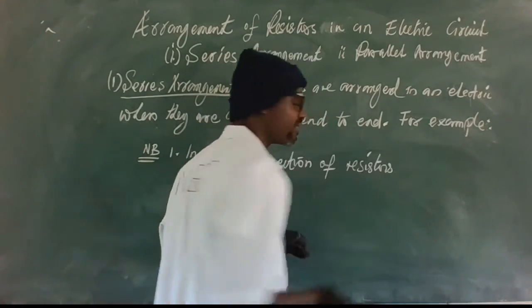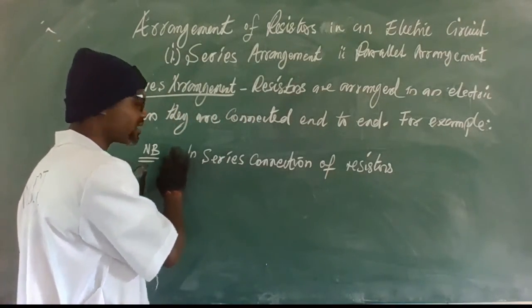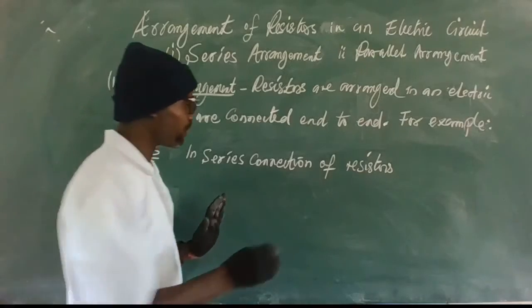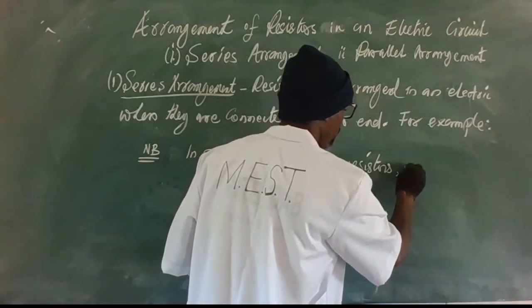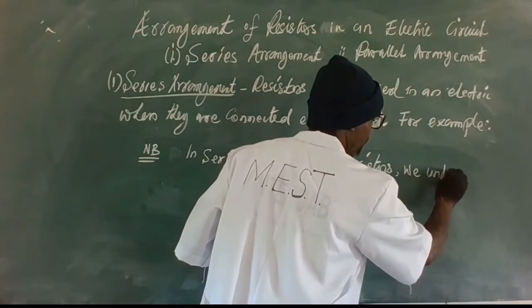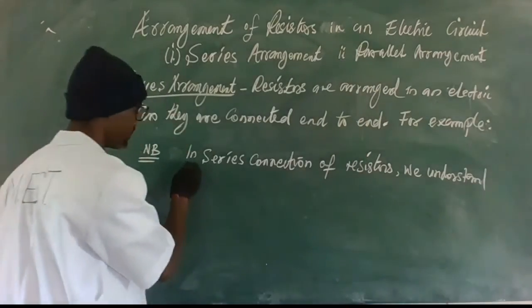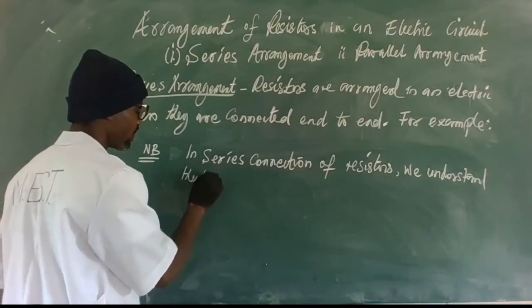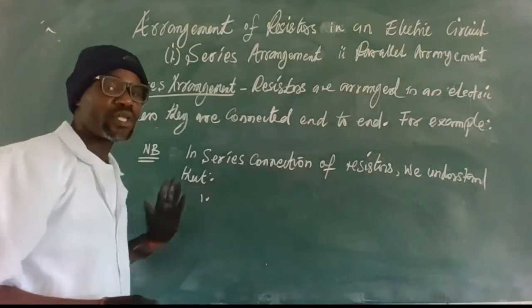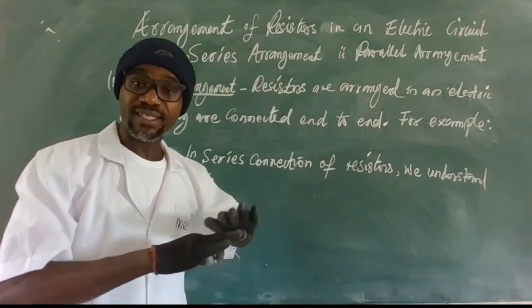In series connection of resistors, the following must be taken note of, we must know, we understand, that one, current flowing in a series connection of resistors is the same.